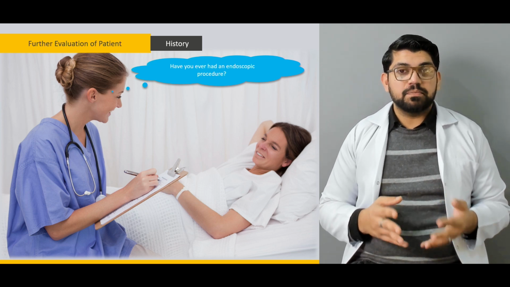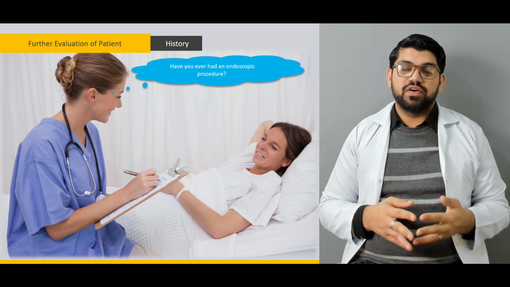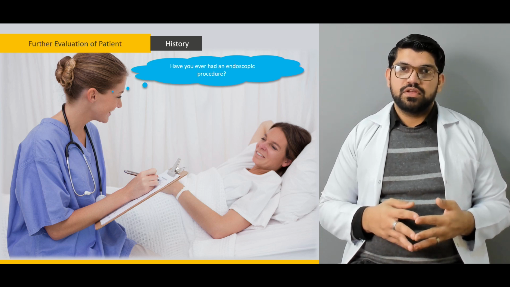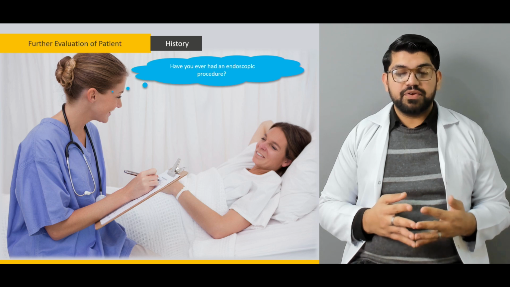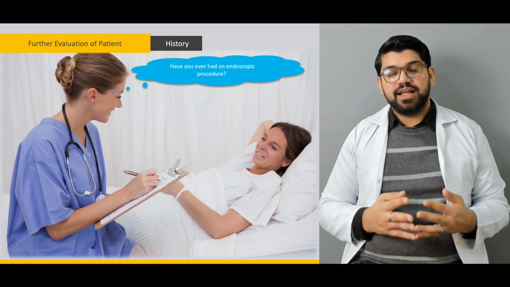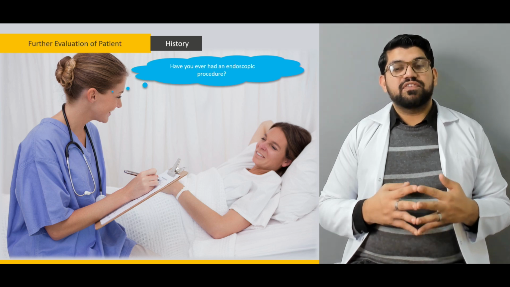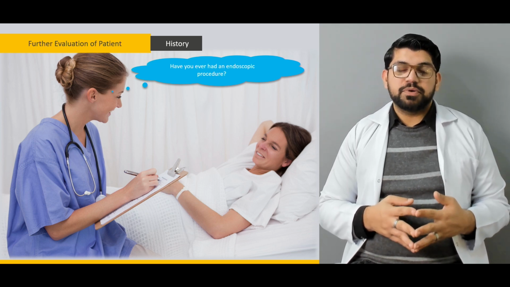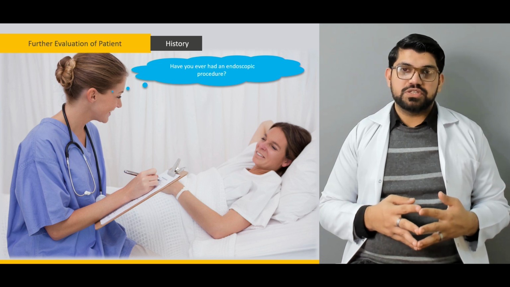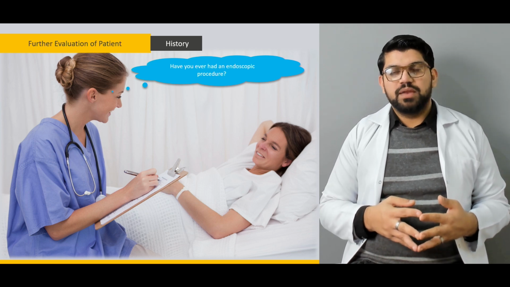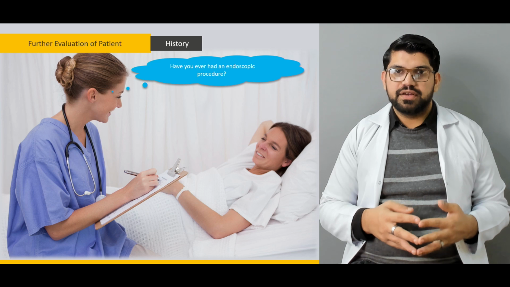This might be a recurrence of that problem. So these are very, very important history points that can help you make a diagnosis or at least reflect whether this patient might be having an upper GI or lower GI bleed, and what to do in patients with GI bleed.